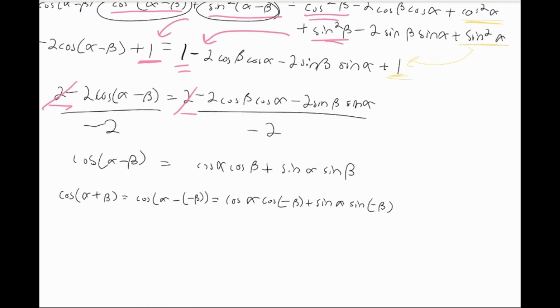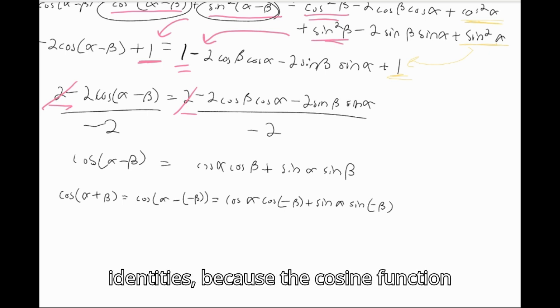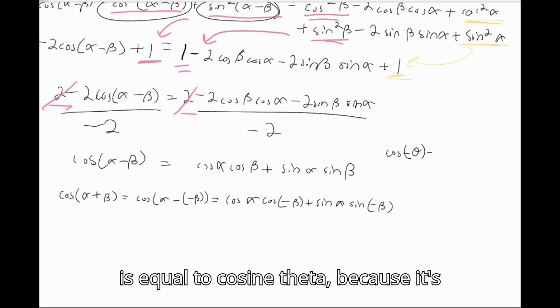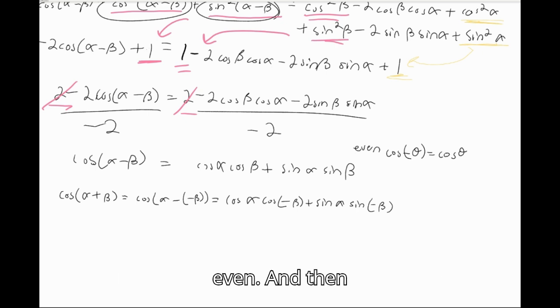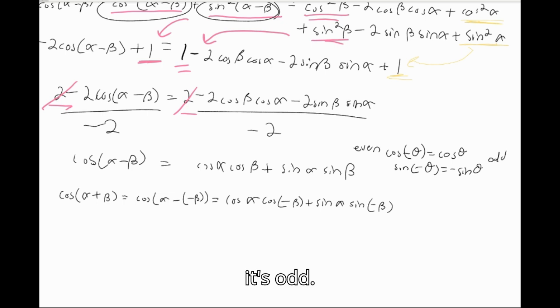So if we remember the even and odd identities, because the cosine function is even, that means cosine of negative theta is equal to cosine theta. And then sine of negative theta is equal to negative sine of theta, because it's odd.